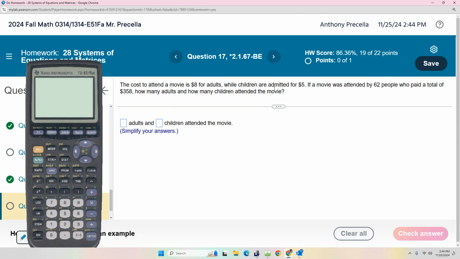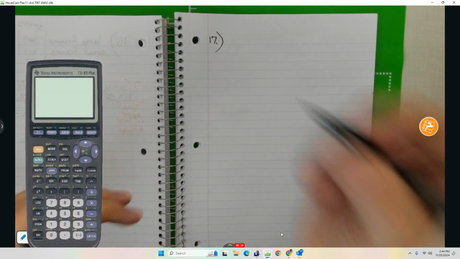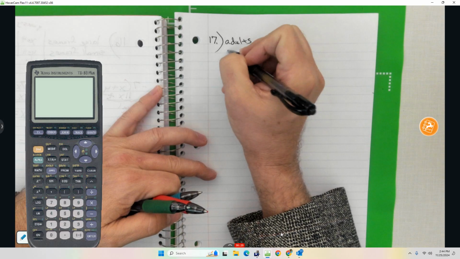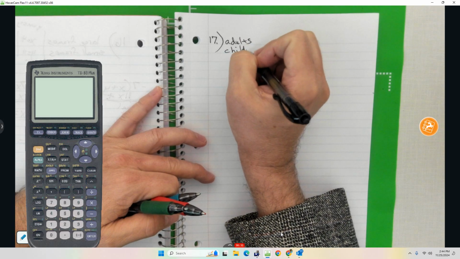So number 17, I'm going to try to summarize the information in a table. We don't know how many children attended the movie and how many adults. Adults and children.